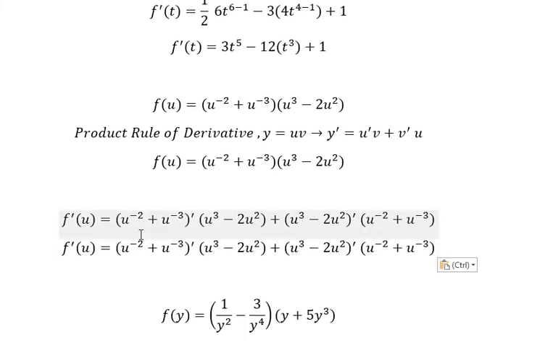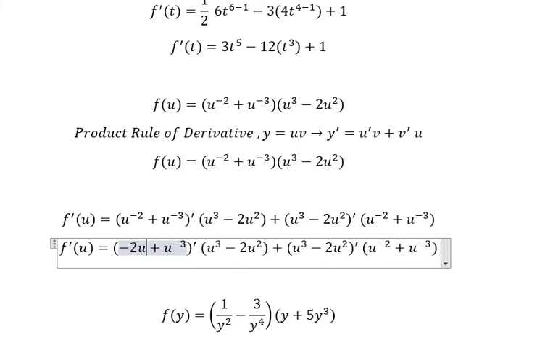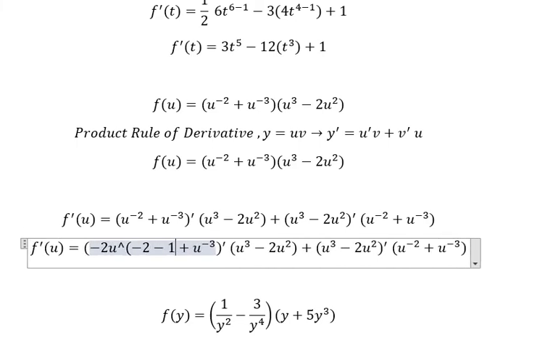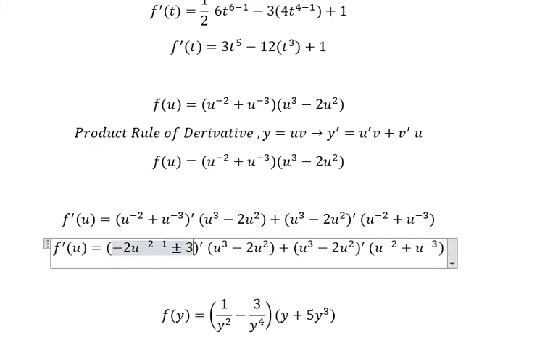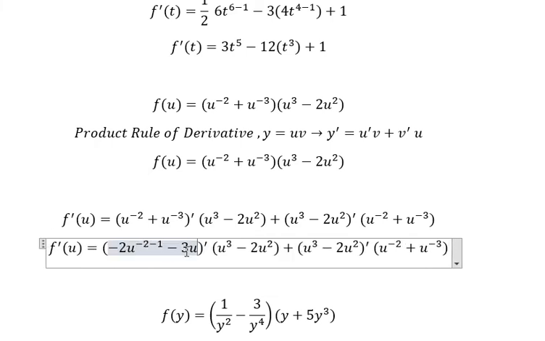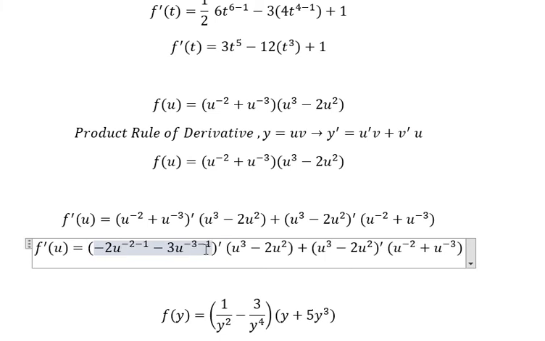So we have the power negative number 2. So in this situation, we have negative number 2, u to the power of negative number 2 minus 1. This one similar, we have negative number 3, u to the power of negative number 3 minus 1.